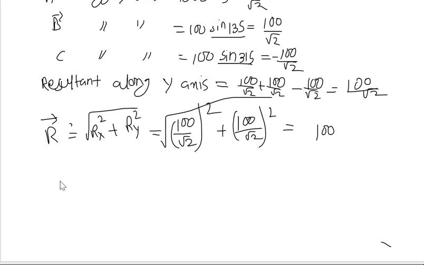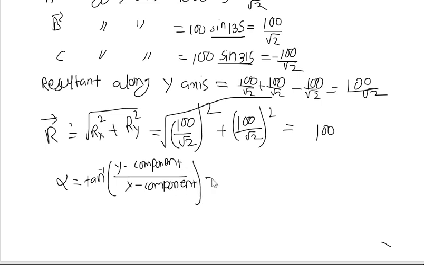Now calculate the direction. So the direction alpha is tan inverse of the y component divided by the x component. So it becomes tan inverse of 100 by root 2, our y component which we calculated, divided by 100 by root 2, the x component also.